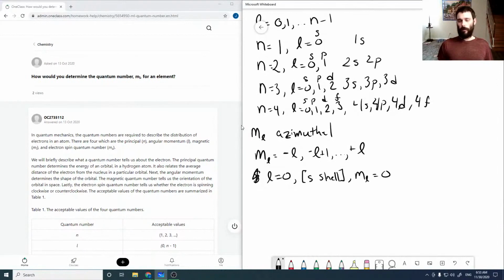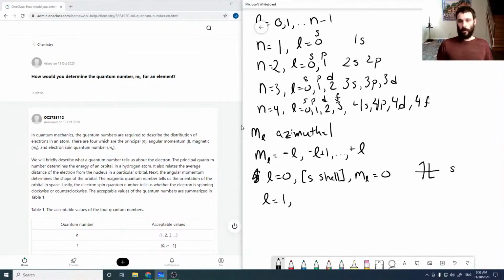It can only have the value 0. So that's the reason why we only have one S shell, which can hold 2 electrons, as there's 2 spin quantum numbers that can differentiate them.